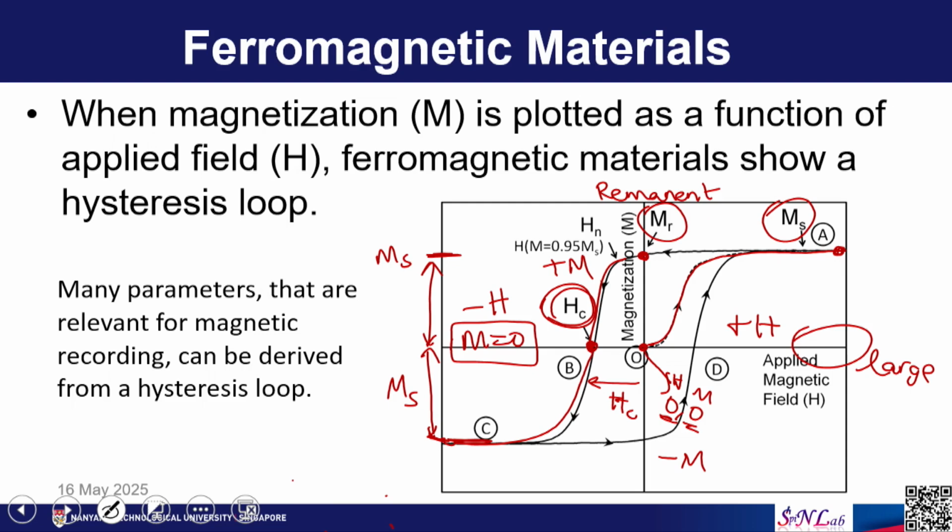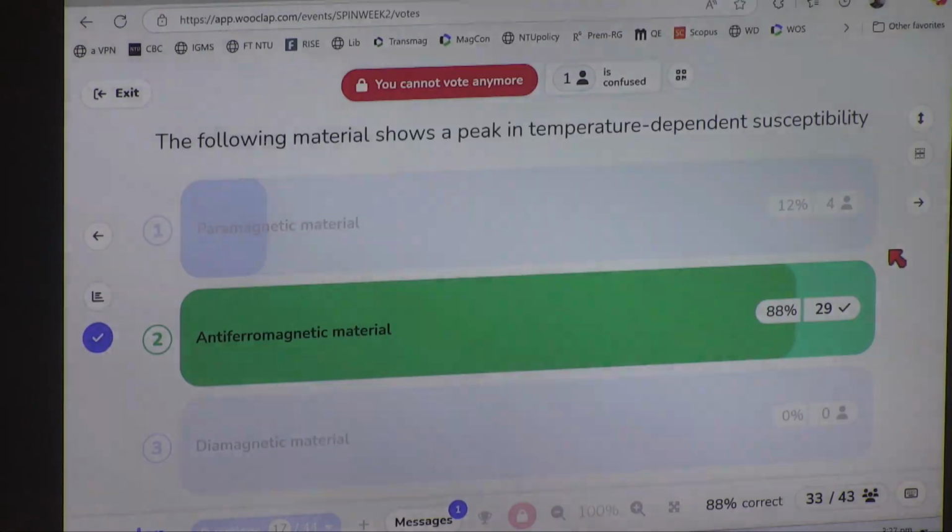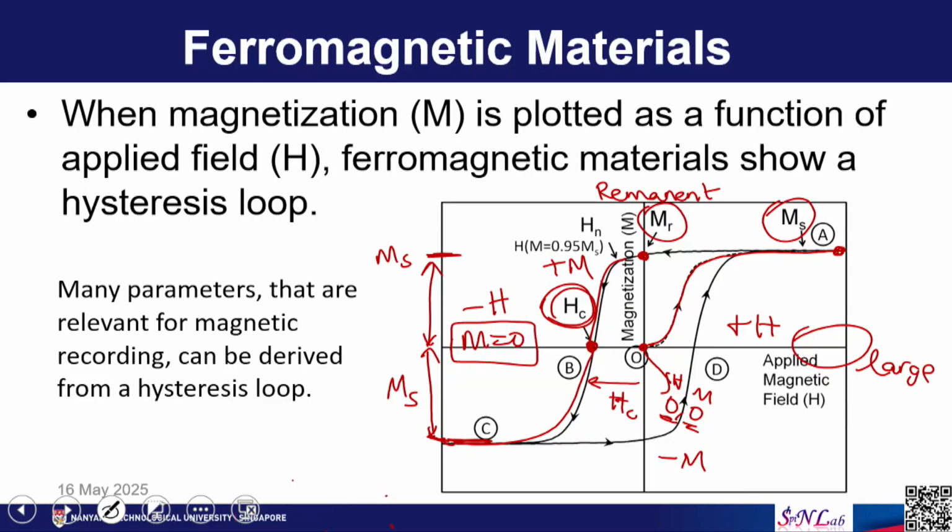So, usually what I do is ask my students to close the eyes, trace the hysteresis loop in your brain, then assign these 3 points: MS, MR and coercivity. These are very important parameters.